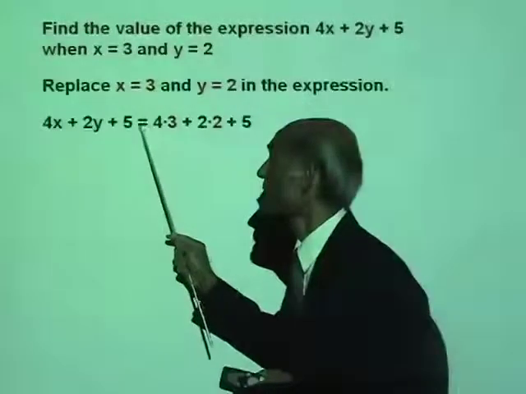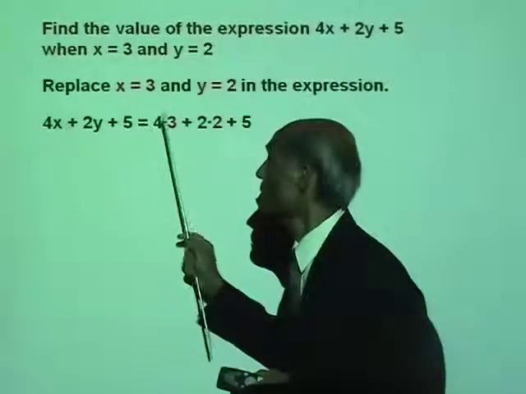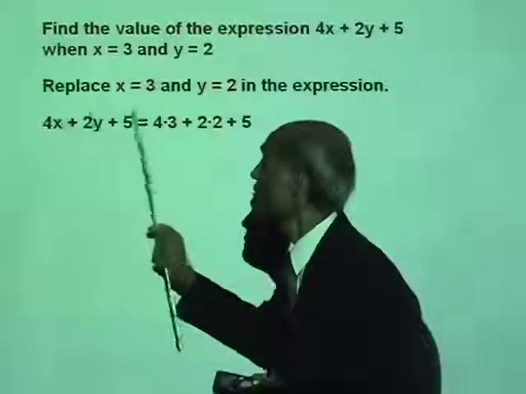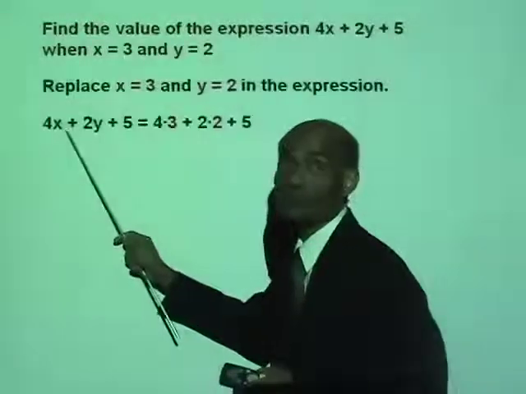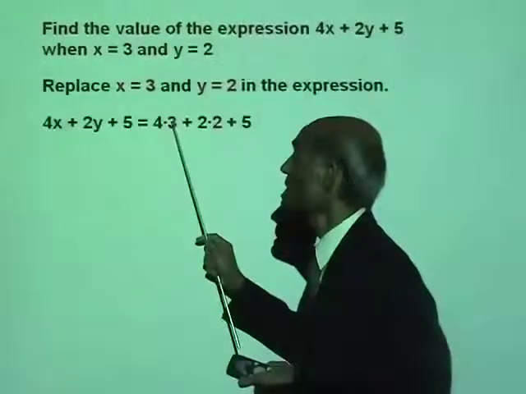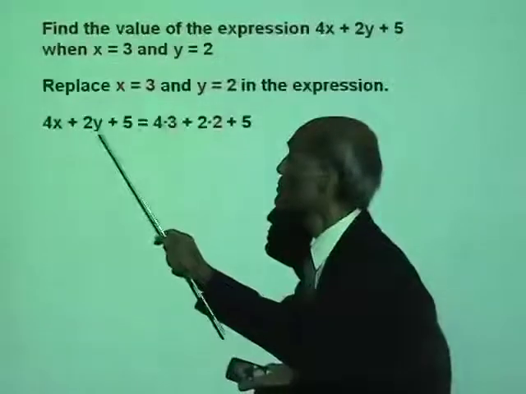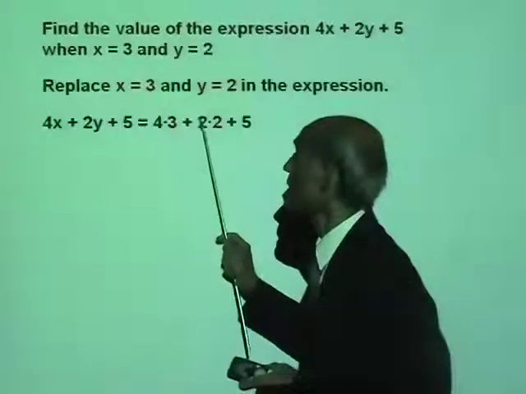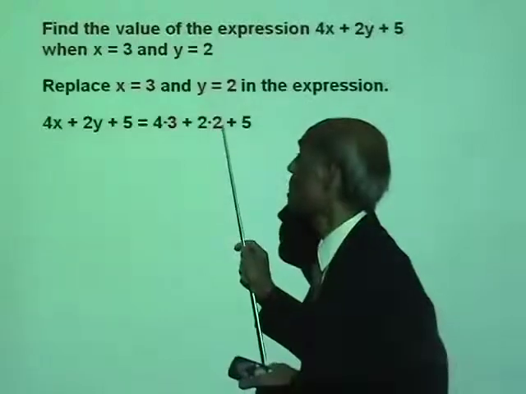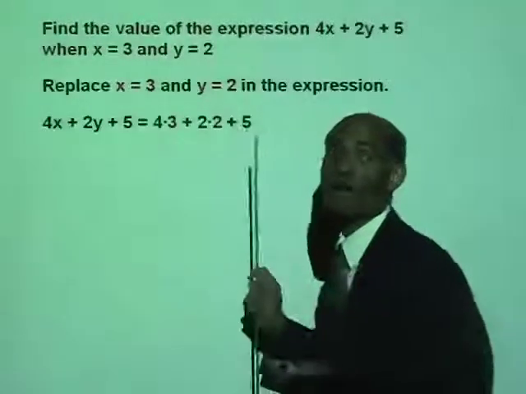So I'm going to say that will be equal to, replace x by 3. So 4x becomes 4 times 3 plus 2y becomes 2 times 2. The value of y is 2 plus 5.